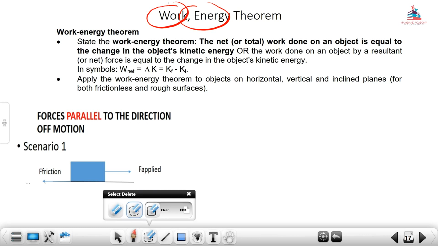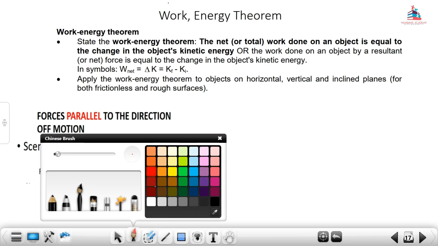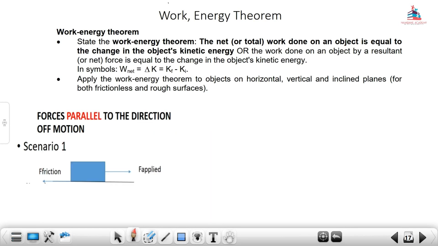So with the work energy theorem, there are 2 things that you must be able to do: state the theorem and also apply it. That is very, very key. So stating the theorem is basically 2 marks that each and every one of us should be able to get.